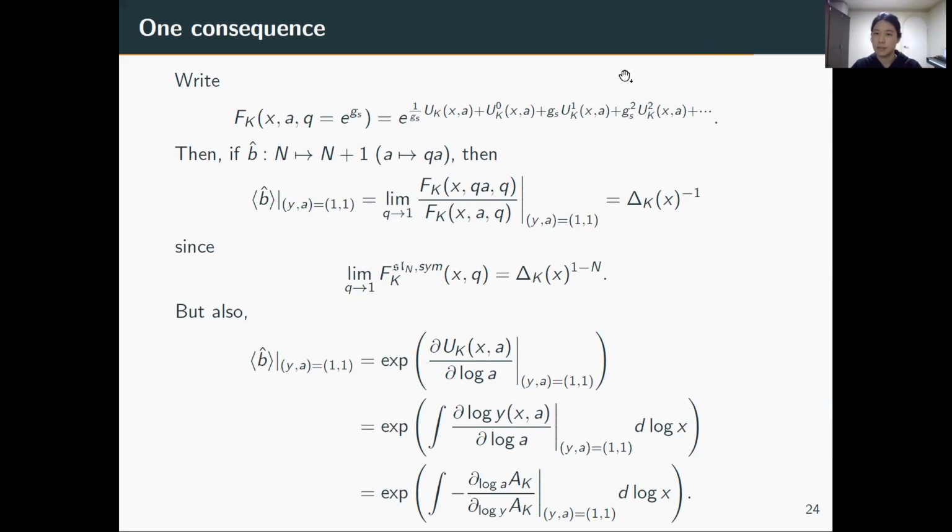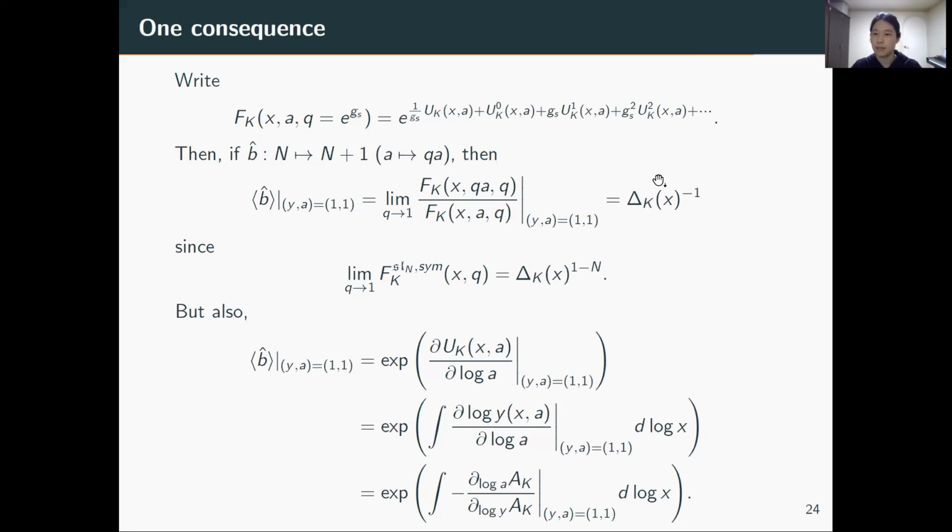But from this semi-classical expansion, we also know that the expectation value of b-hat is the exponential of the partial derivative of the Gromov-Witten disk potential with respect to log a. Since U_K is the integral of log y d log x, it can be expressed in this form, and finally it can be written as in this final line.